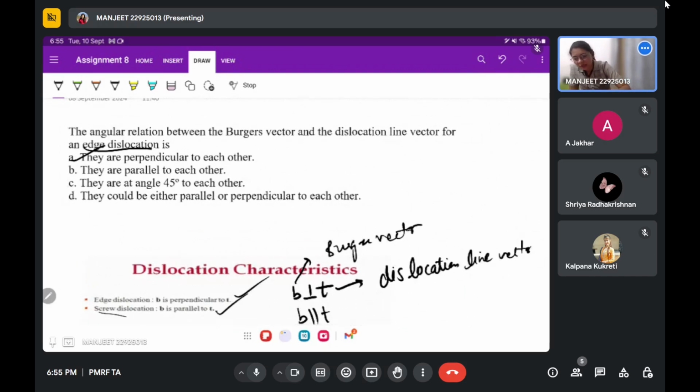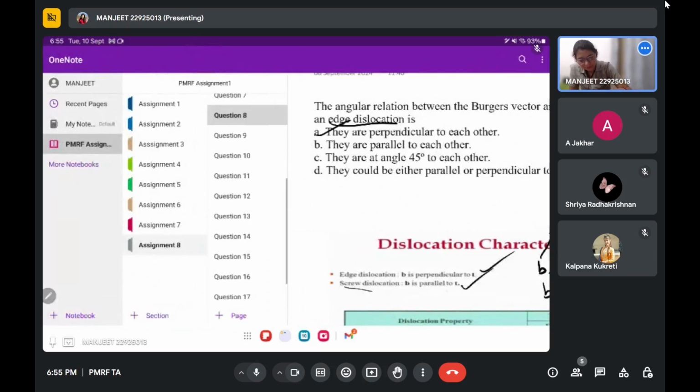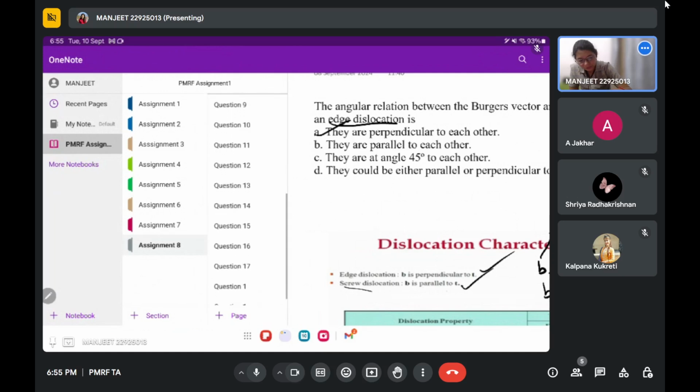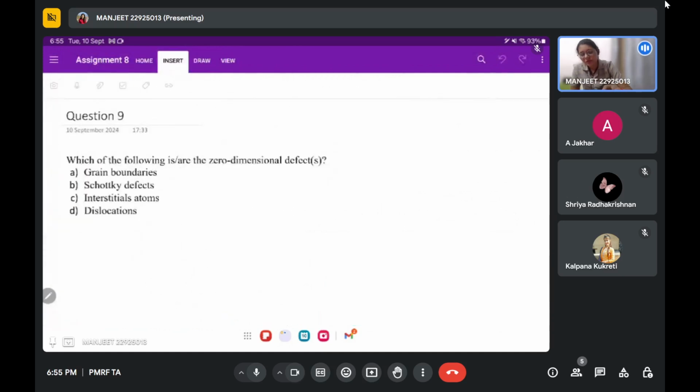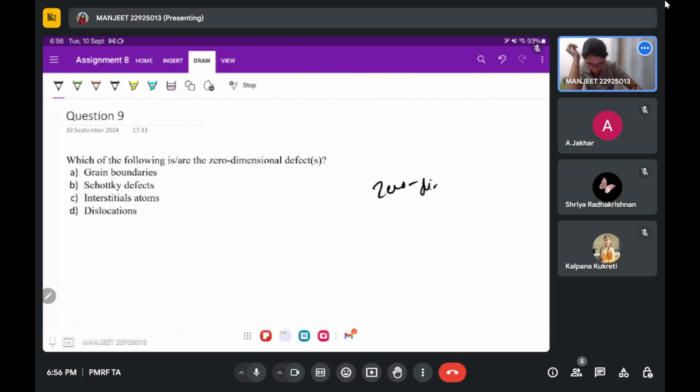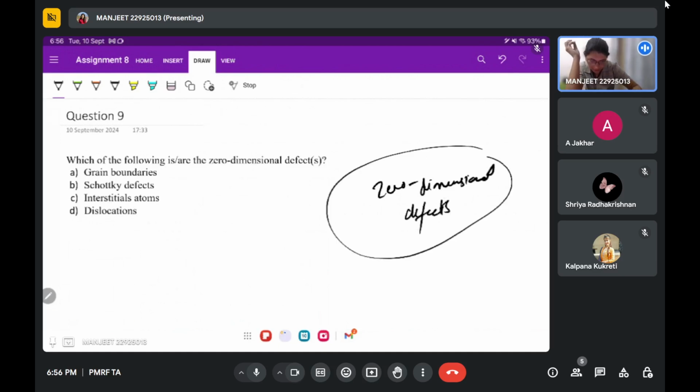Okay, let's move to the next question. Which of the following is or are zero dimensional defects? So what are the zero dimensional defects? Vacancy, Schottky, interstitial, Schottky or the interstitial.